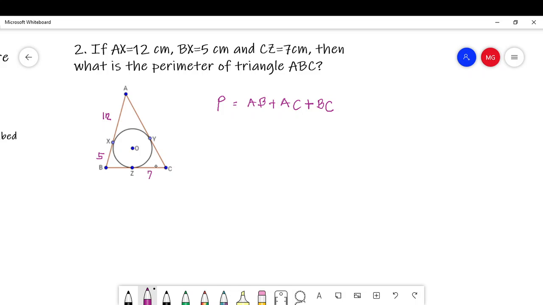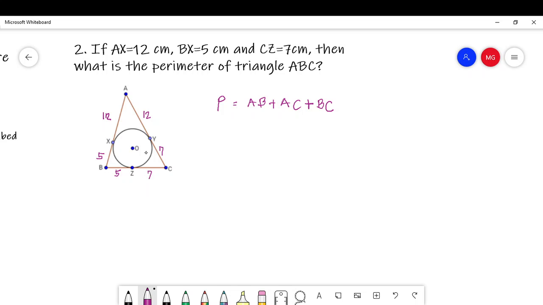Let us first determine the length of the other segments. If AX is 12, what other segment equals 12? XY is also 12. If XB is 5, therefore BZ is also 5. And if CZ is 7, this is also 7, applying the concept of two tangents from an exterior point.